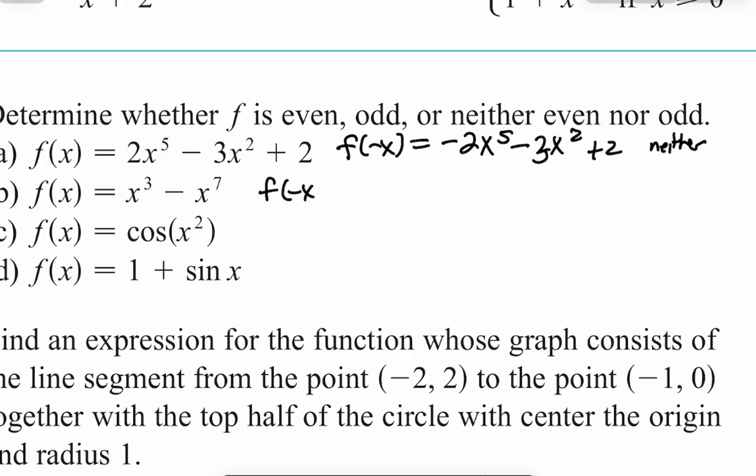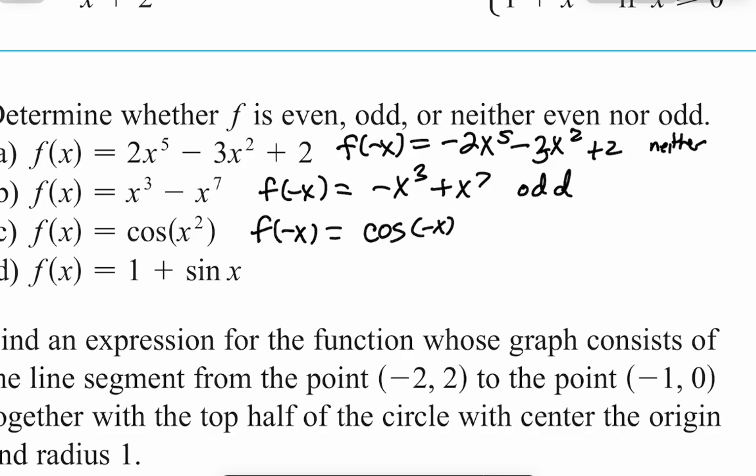Here, when you plug in negative x, it is like I multiplied through by negative 1. It's odd. Here, if you plug in negative x, it does nothing because that negative squared gets to it. So it goes right back to the original. It's even. Of our trig functions, cosine is even. Sine is odd.